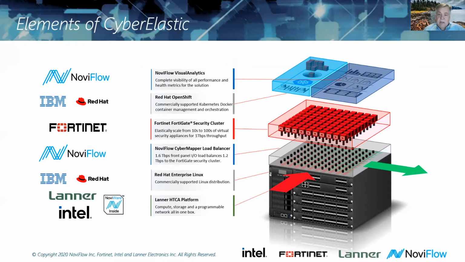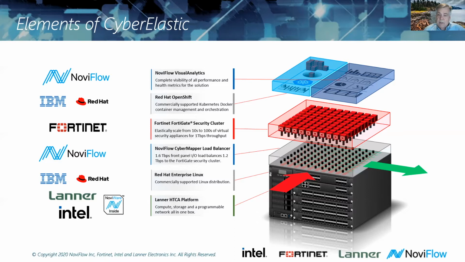This slide shows the components of CyberElastic, a complete solution from NoviFlow built around the Lanner HTCA platform. Starting at the bottom is the Lanner HTCA hardware, leveraging the Intel Barefoot Tofino and x86 silicon. The six compute blades all run Red Hat Enterprise Linux, providing a commercially supported Linux operating system. The NoviFlow CyberMapper is one of the applications residing on the compute blades, providing load balancing of the FortiGate security cluster.